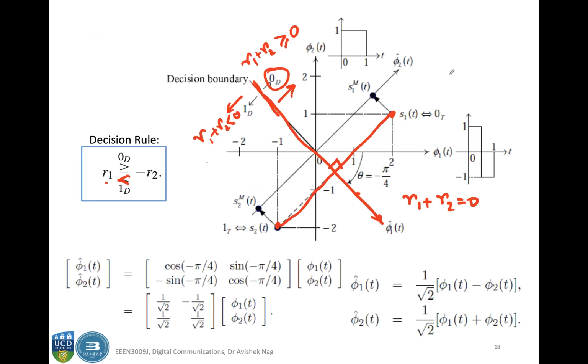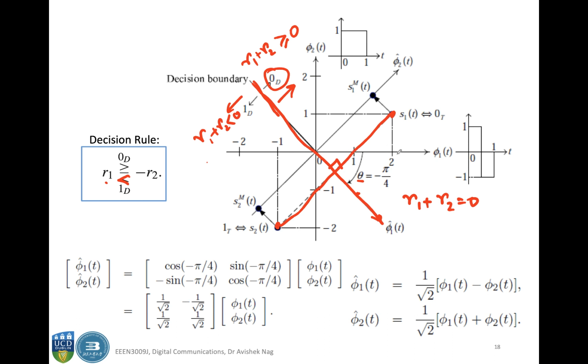So this is again basically if you rotate the axis by an angle theta which is minus pi by 4.